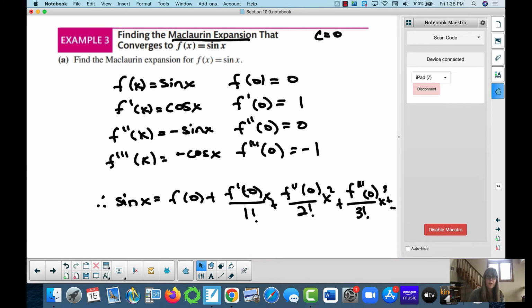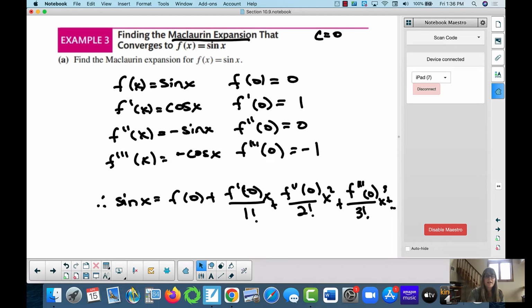So when we plug in what those values are, we see that all the even terms cancel out, because in the even terms, when n is 0, n is 2, and n is 4, we're always going to get 0 when we evaluate that at 0.